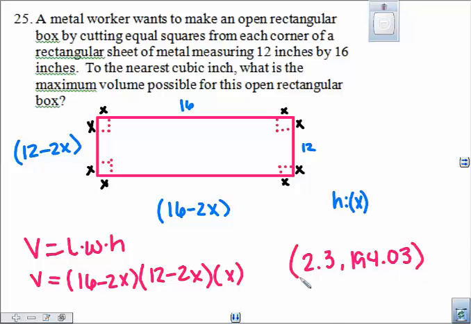This is our max value. This x represents the length we cut off, and this y represents the volume. So this is our max volume, and they want us to round to the nearest cubic inch. That would round to 194 cubic inches.